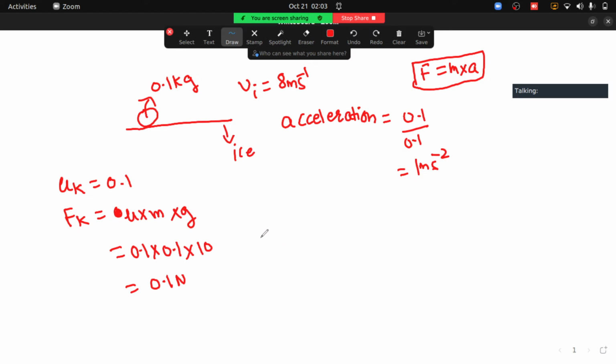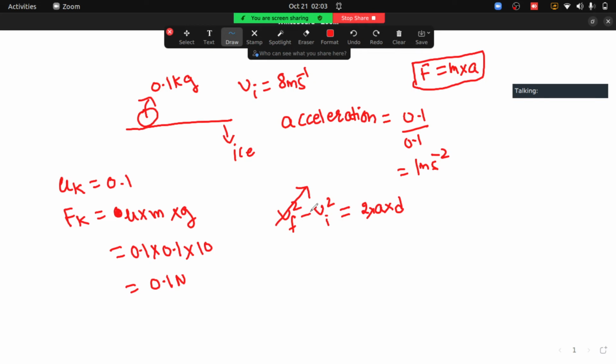Now again we use our previous formula: final velocity squared minus initial velocity squared equals 2 times acceleration times distance traveled. What's the final velocity?